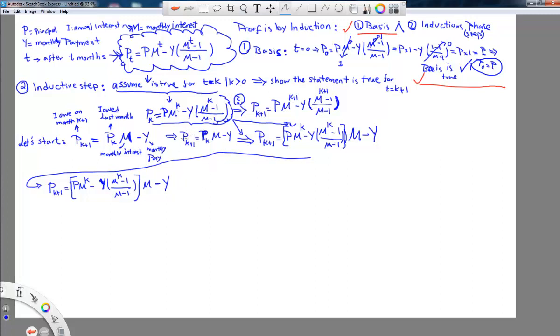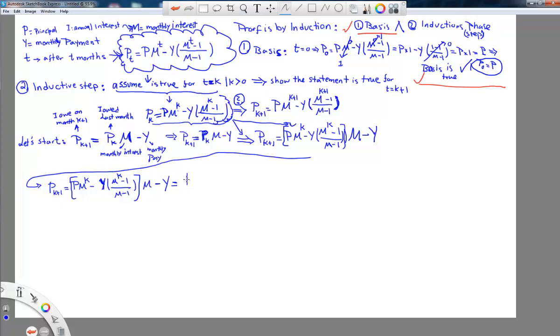So P sub k plus 1 is equal to P sub k times m minus y, which is going to be P times m to the k, minus blah blah blah, times m, minus y, which would be my monthly payment. Awesome, this looks much better. So now let's multiply m by these terms. m is going to be multiplied by the first element, and m is going to be multiplied by the second element.